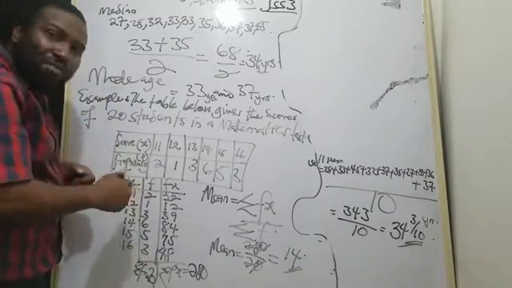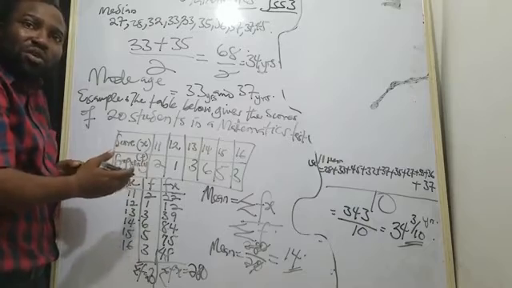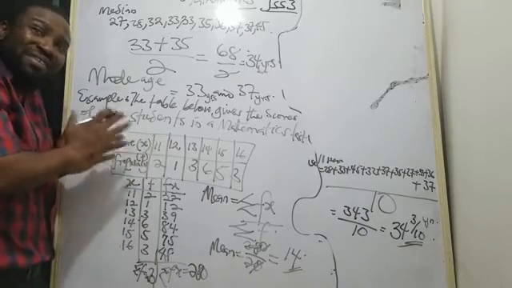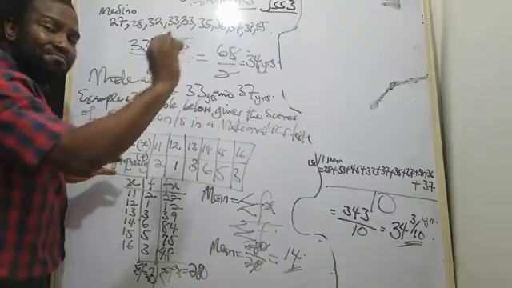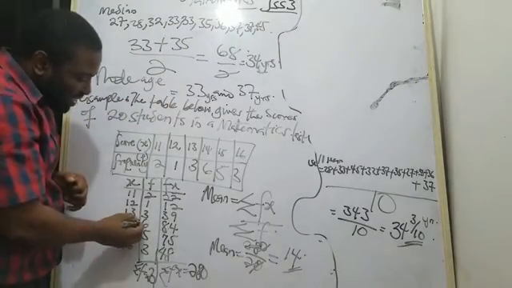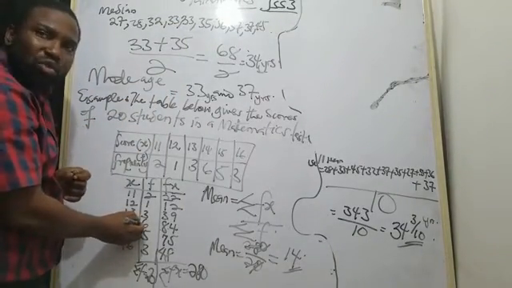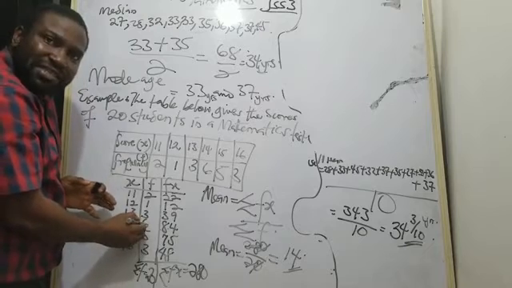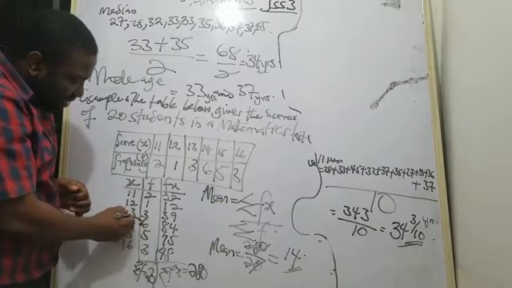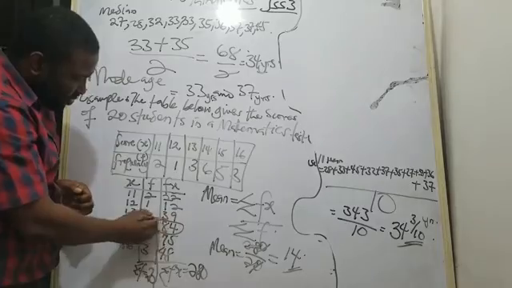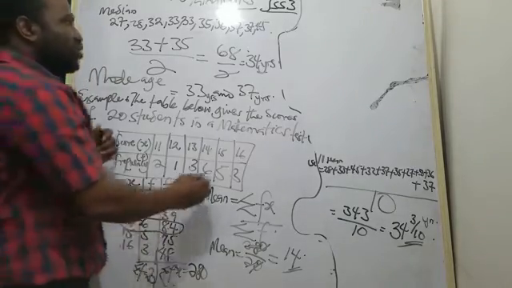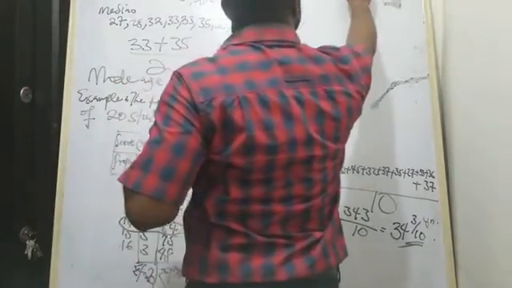So half of 20 is what? 10. The number 10 will be at the middle. Yes or no? So it means it falls here. This here is 12, so 10 is still among these. So this is our median. This our median is 14. Median is 14. Okay?